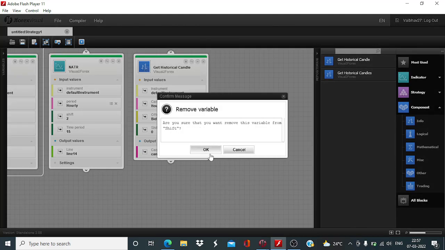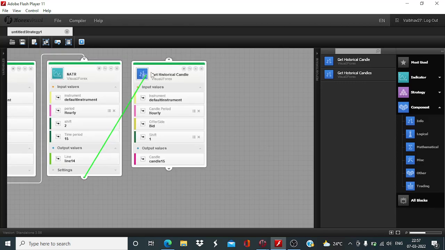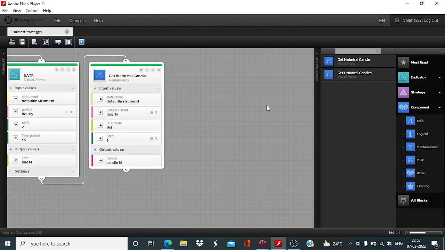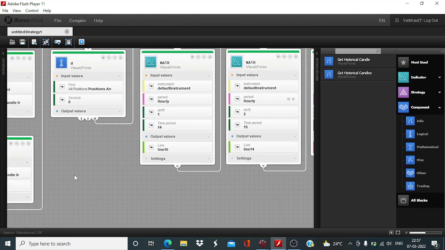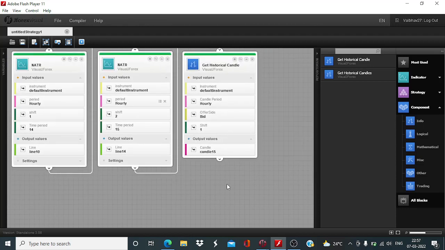The lookback period also needs to be changed to 1. I will join it to NATR. Alright, and I think with this we have these blocks in place to look at the price volatility.